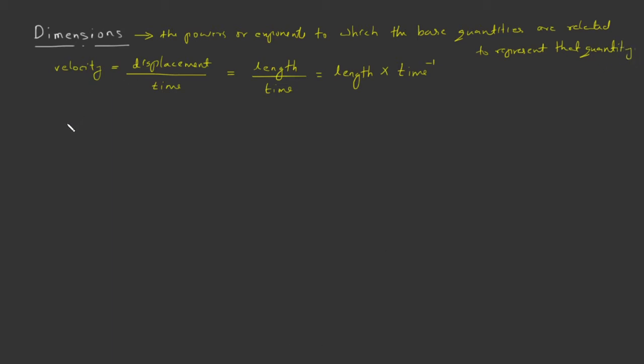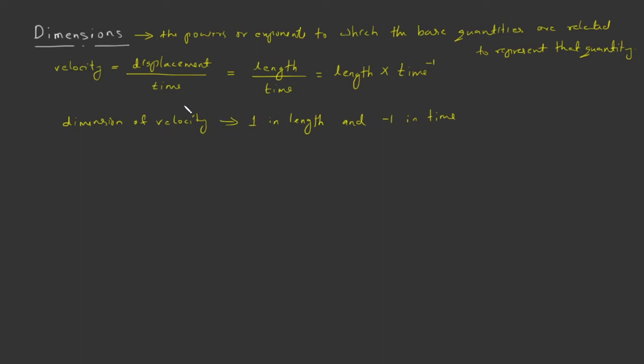So, what is the dimension of velocity? We know velocity is represented by the power of length 1 and time minus 1. So, dimension of velocity is 1 in length and minus 1 in time.